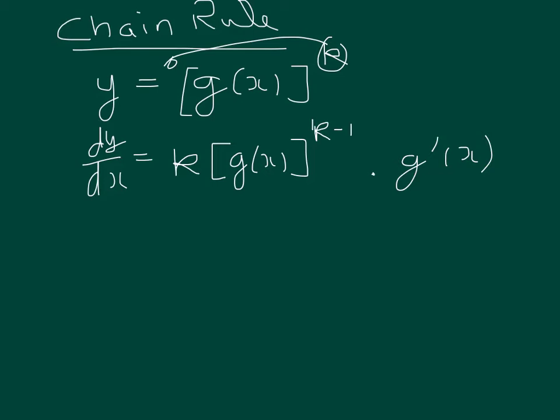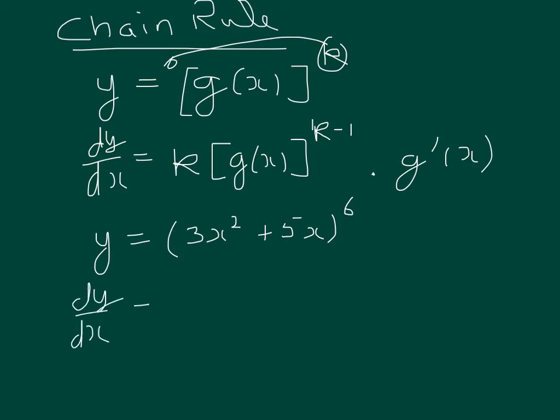So let's work with an example. Suppose our y is an apparently, a seemingly complicated function, (3x squared plus 5x) to the 6th power. dy/dx of this function is nothing but, I'm going to bring 6 in front.